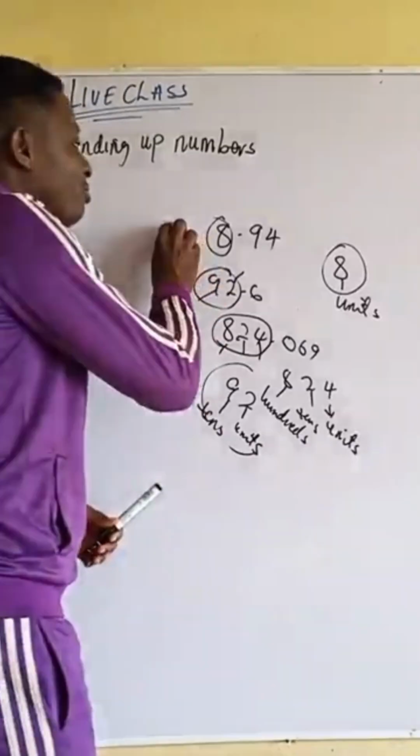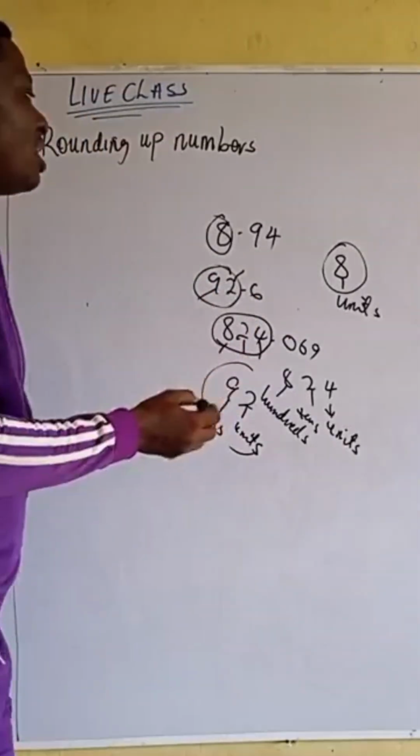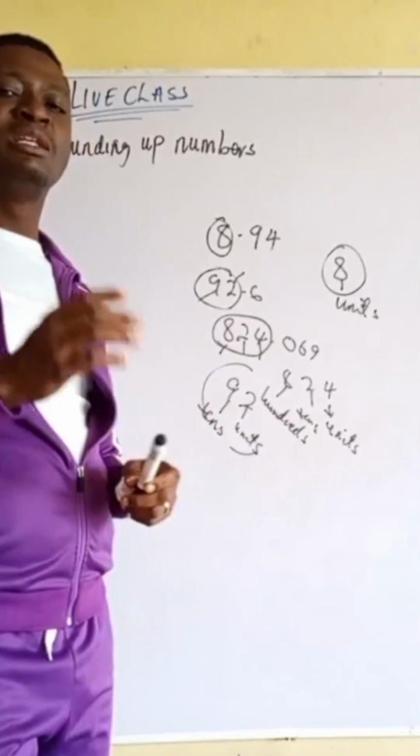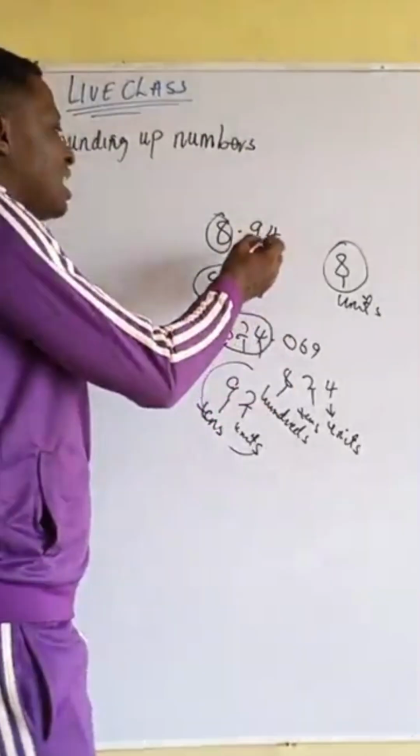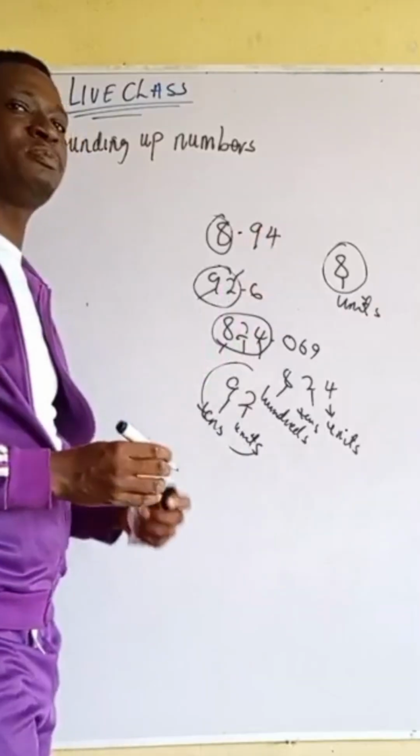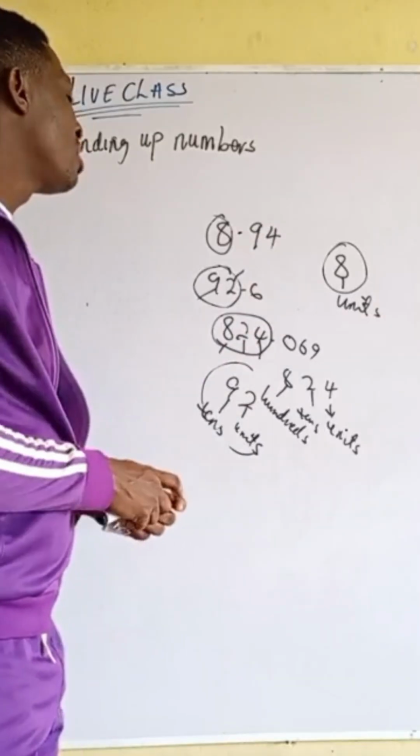So it's very important. Now, before we round off, I want you to take note that the first place value after the decimal point is tenths. This is the first place value after the decimal point, tenths.